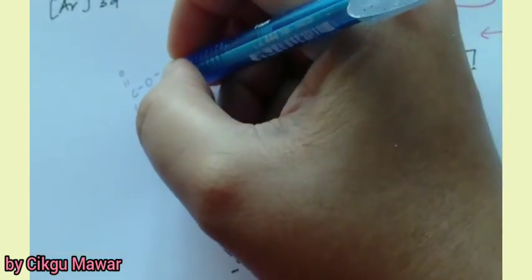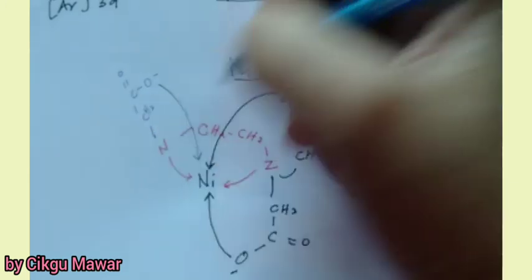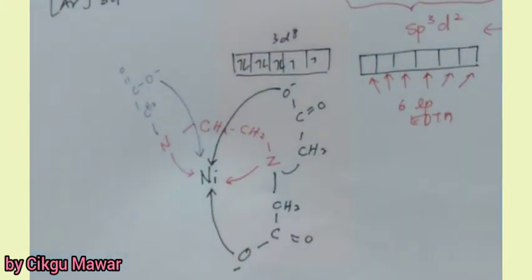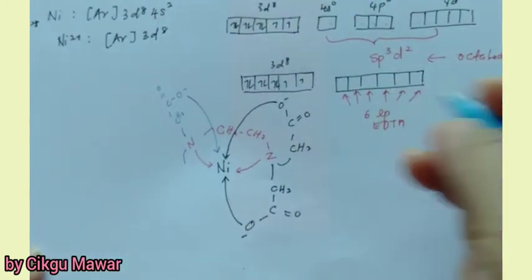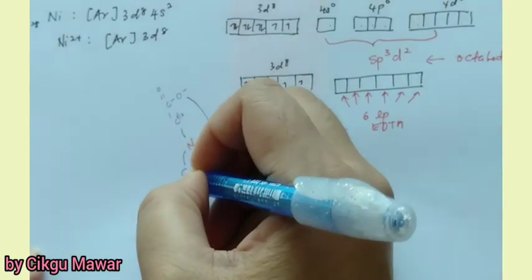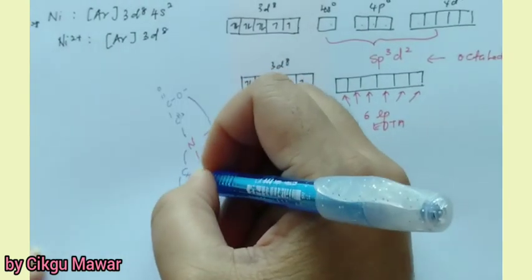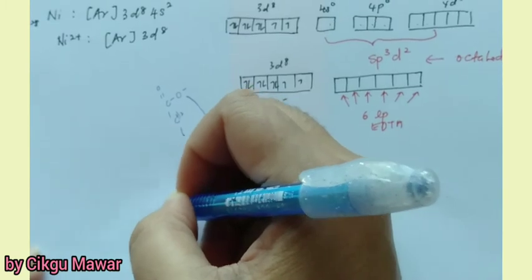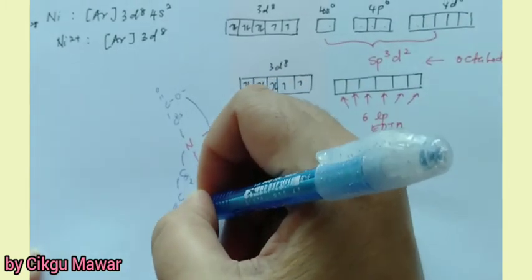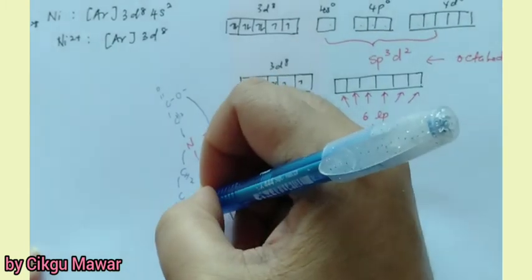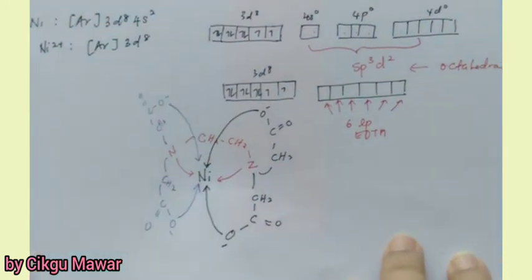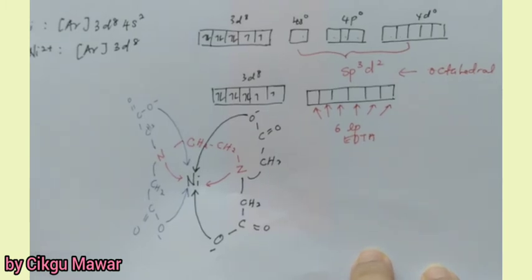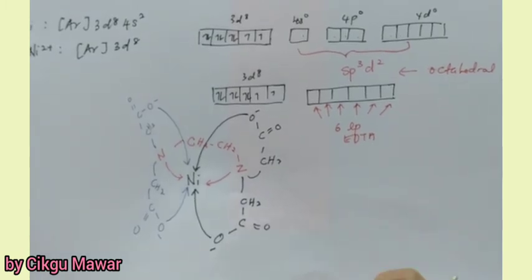This O minus will donate its lone pair to the central atom. It also has another acetate here, CH2 bonded to C double bond O and O minus. This one will donate to the central atom. So this is the structure of the nickel EDTA compound.